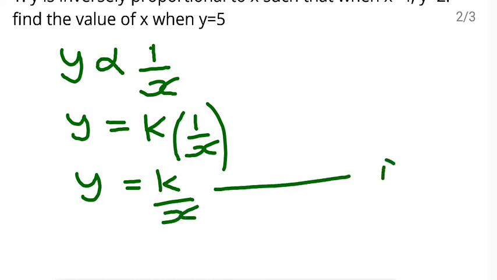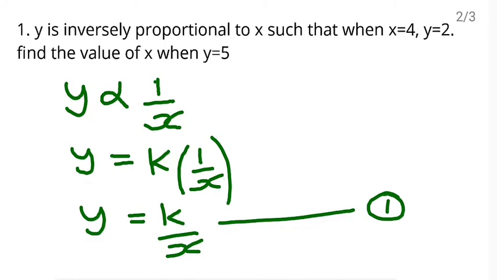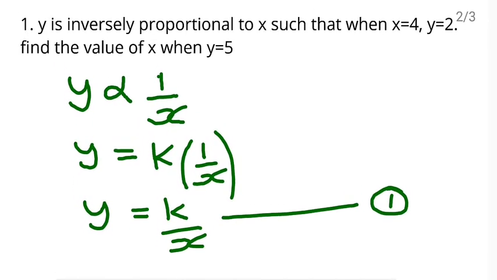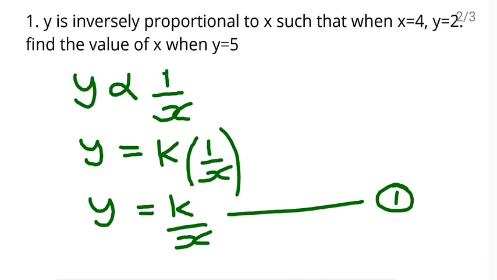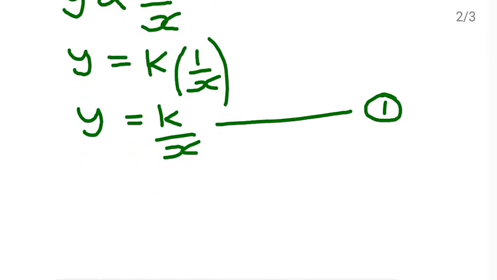This equation will help you to get the value of k using the information that when x equals 4, y equals 2. So you put the value of x as 4 and the value of y as 2. So we are going to put 2 equals k over the value of x, which is 4.